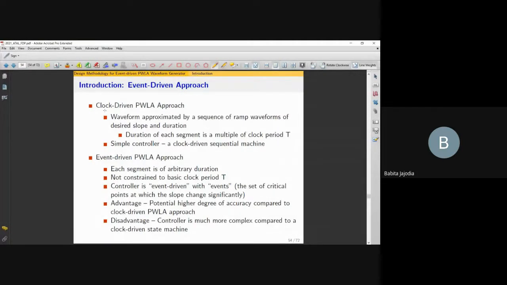So I can just summarize it. Clock driven means the waveform is approximated by a sequence of waveforms, and the duration of each segment is a multiple of the clock. All segments should be a multiple of the clock period, but event driven need not be that. It's not constrained to the basic clock. It will be event driven, and it will tell you at which point.